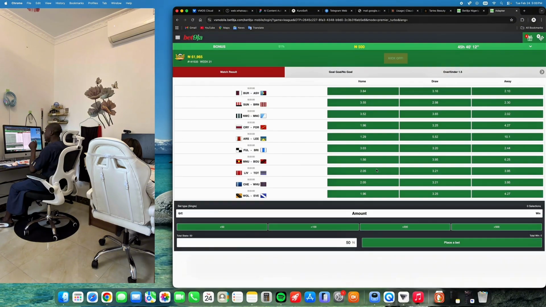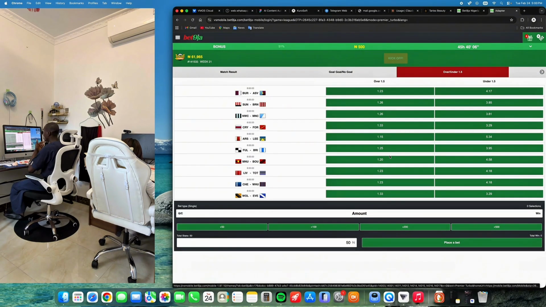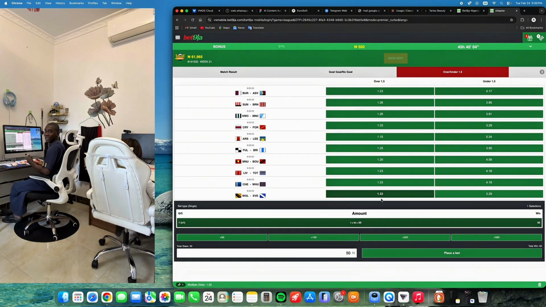But here's the thing. Assuming we are making a loss, let me intentionally lose 500. Okay, so I'll just randomly pick this so that we can lose 500. Okay, let me lose 500 naira.